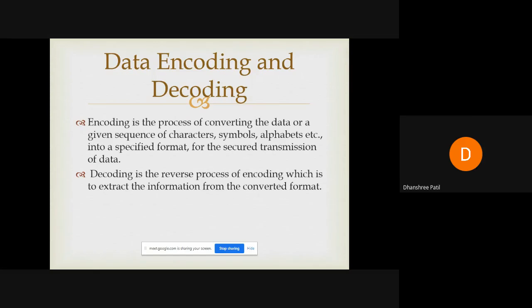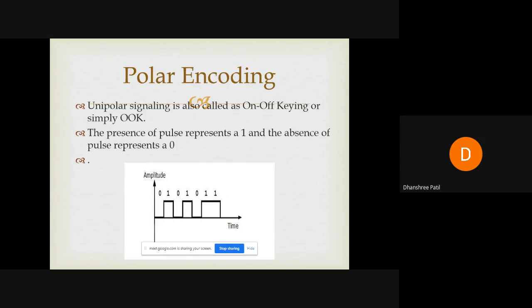That is nothing but data encoding and decoding. Now on which data are we going to apply this? That is nothing but the 1 and 0, binary data, and we are going to represent that binary data according to its form. There are certain terms related with the encoding, polar encoding and bipolar encoding.